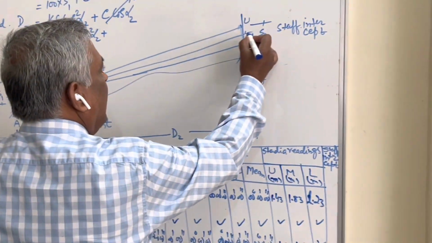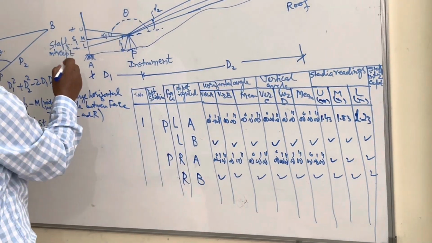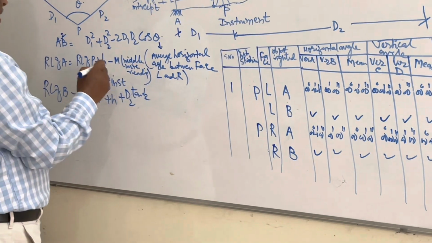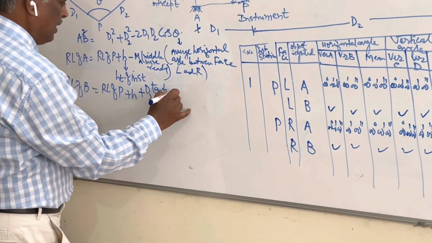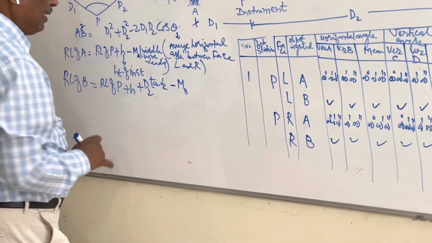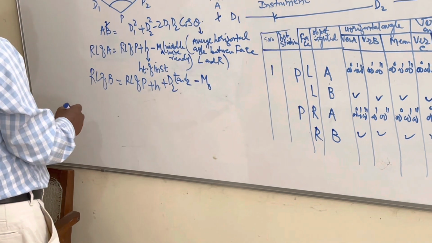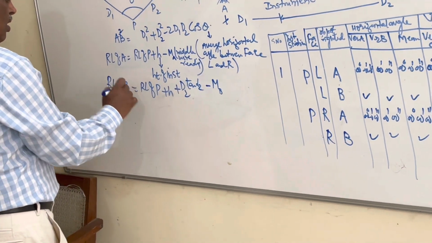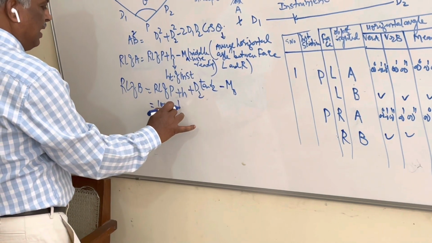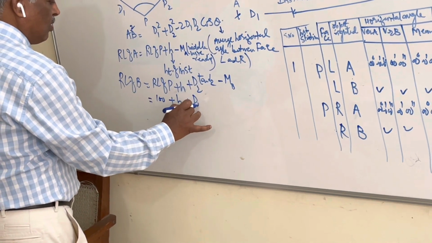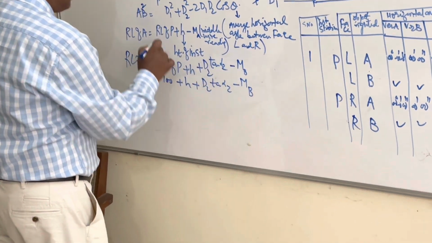You have reached here. Now you deduct the middle wire reading. Suppose this is MA, and this is the minus MB, middle wire reading at B. Suppose RL of P, मान ली anything 100, then H, then D2 tan alpha 2 minus MB. This is the RL of P.